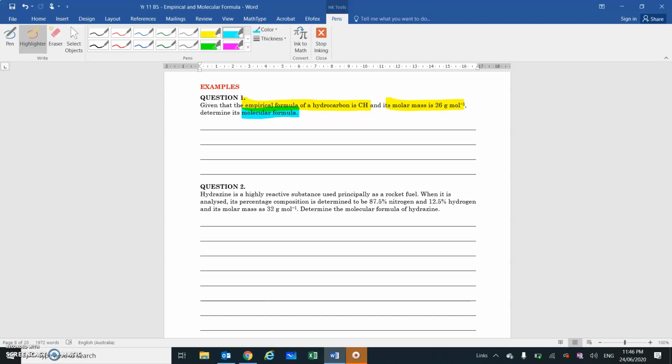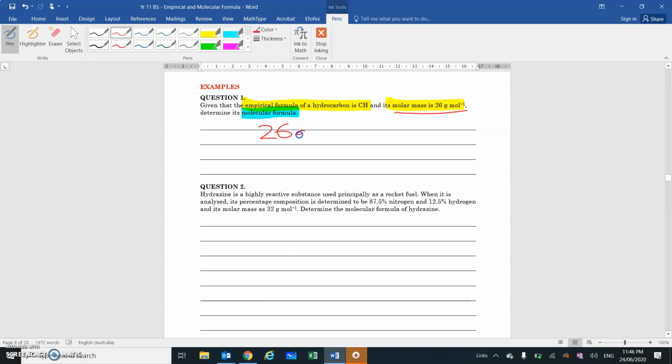So the molar mass is actually always for the molecular formula. So the molar mass you're given is 26 grams per mole.